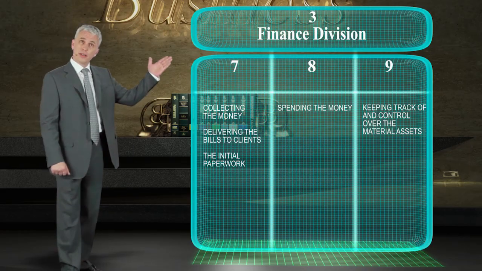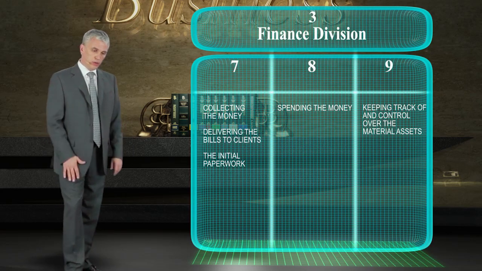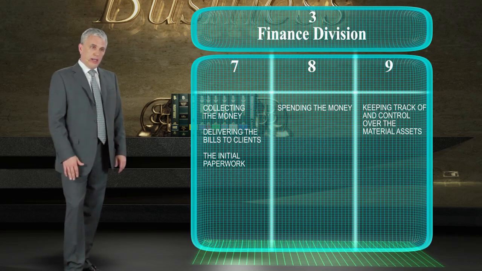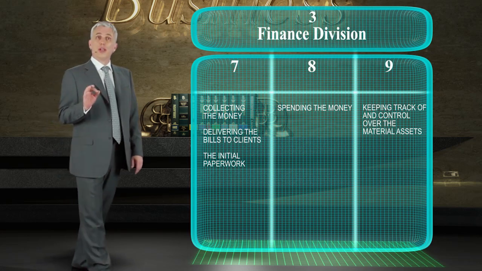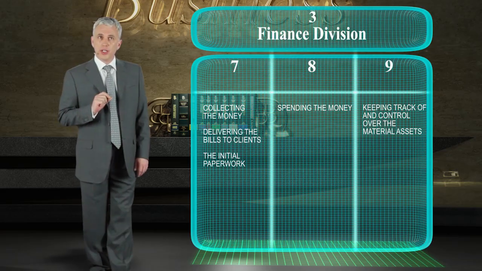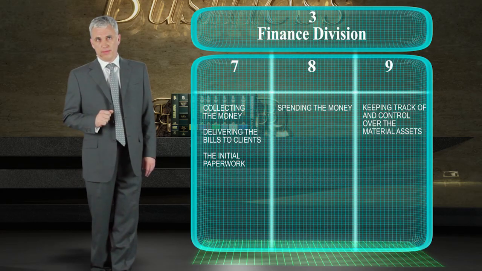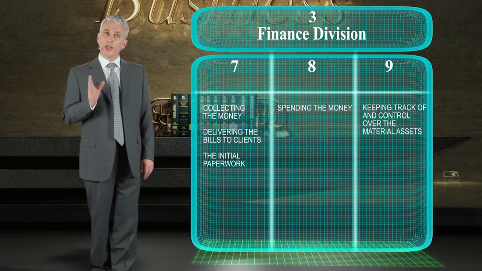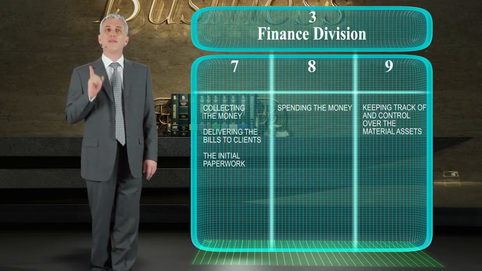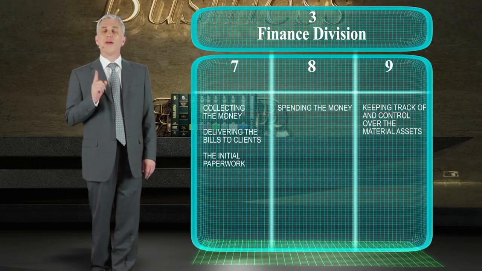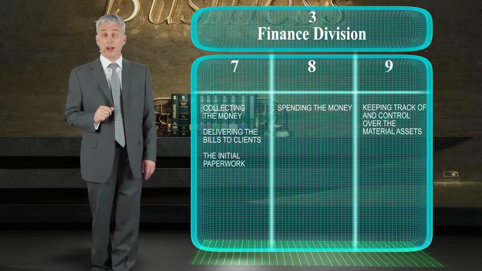Let's go on. Department 8. Department of Disbursements. Here I want to emphasize this. The decisions about what is spent, when and how much are not made here. The decisions about what to spend and how to spend it are made in Department 21, under the guidance of the financial director.